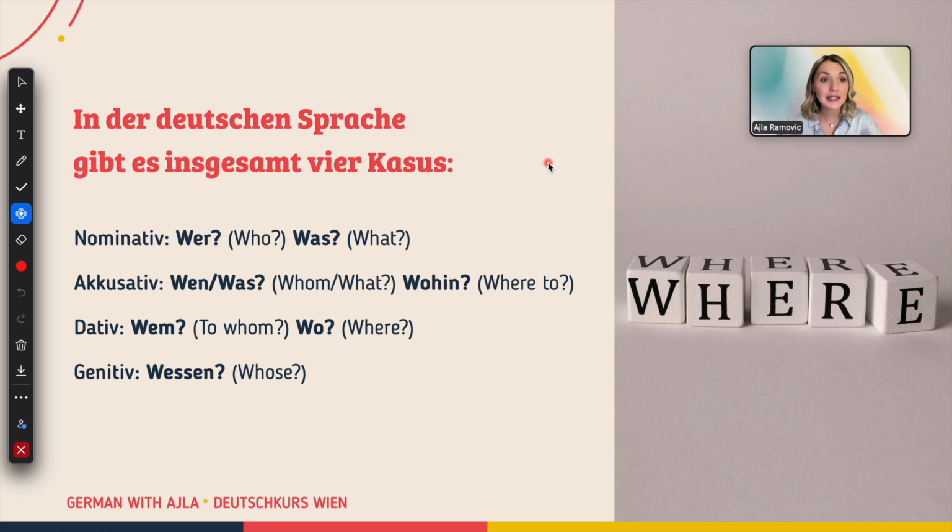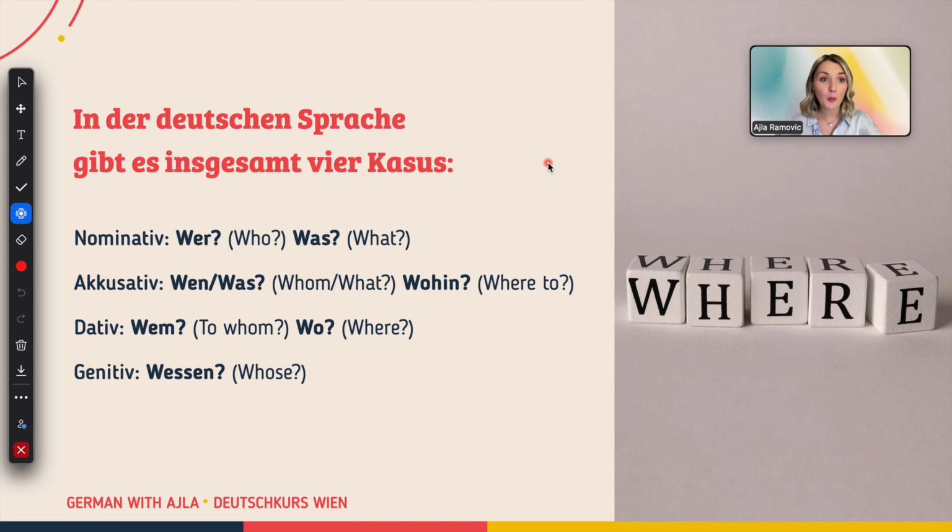A case is showing us the role that a noun or pronoun plays in a sentence. And I know this may sound a little bit confusing at the beginning, but as we go through the examples, you will be able to understand this concept better.